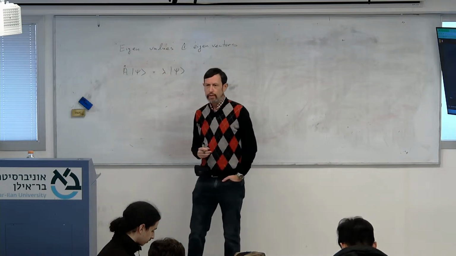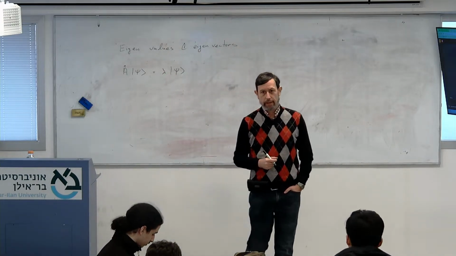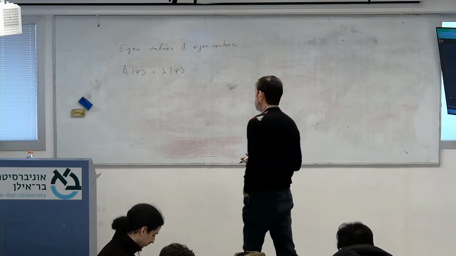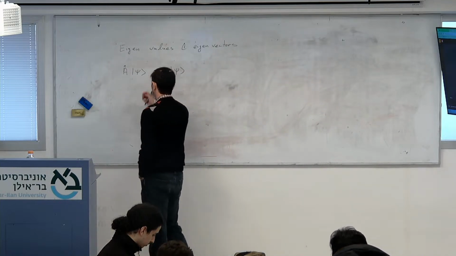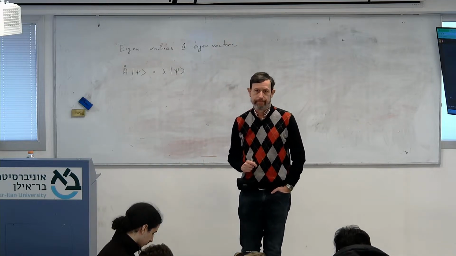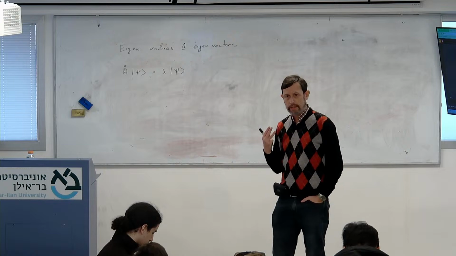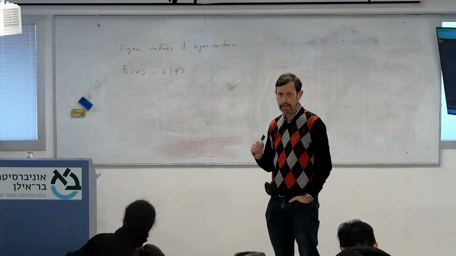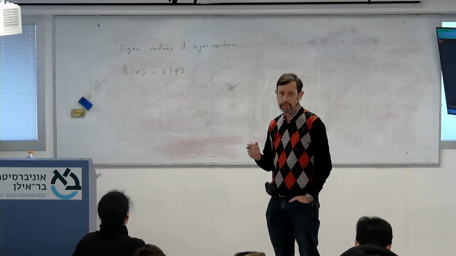If I have an operator A and it operates on a wave function or a vector, whatever you want to call it, psi, and gives you the same psi multiplied by some scalar, that's an eigen-problem.